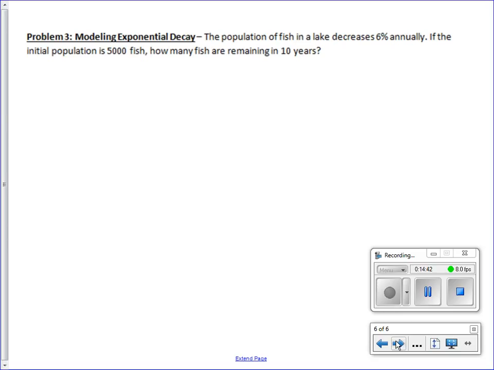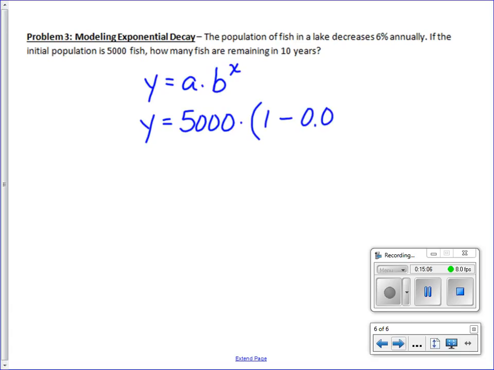All right, so let's take a look. We're going to start with our model, and our initial population is 5,000 fish. Now it's decreasing by 6% annually, so our decay factor is going to be 1 minus 0.06.